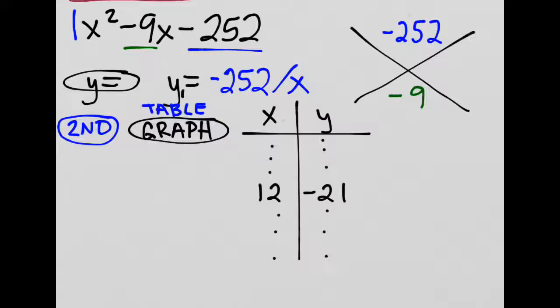We know that these are factors of 252 because we told the calculator to find factors of 252. We just have to add the combinations together until we get negative 9. And you'll find that when you scroll down until you see 12 and negative 21. Those will add to negative 9. So those are the ones we're going to go ahead and use to factor.